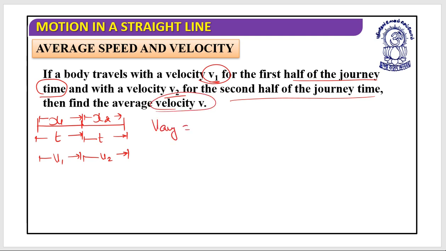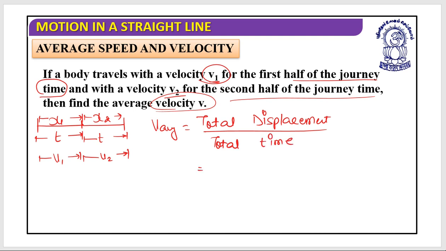So what I should write is total displacement divided by total time taken. What is displacement? It's x1 plus x2. What is total time taken? This is t plus t, it would be 2t.